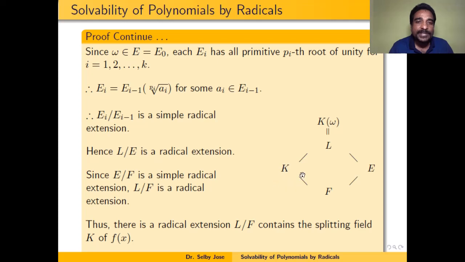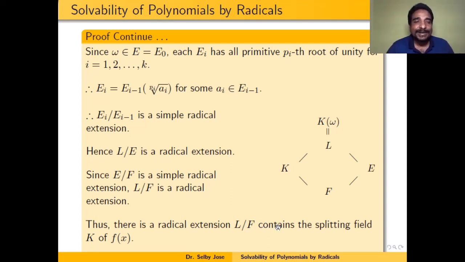That means K is contained in L. So L over F contains the splitting field K of fh. Therefore, L contains all roots of fh and L over F is a radical extension. That means that all the roots of fh are on top of a radical extension. That means that fh is solvable by radicals.